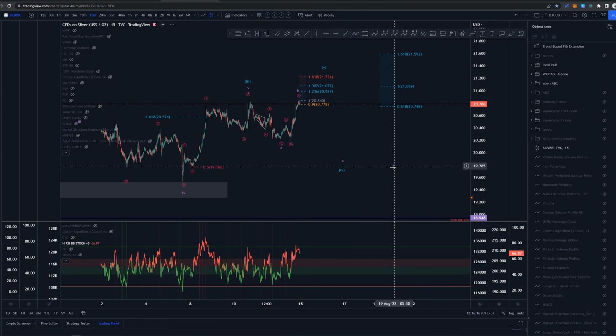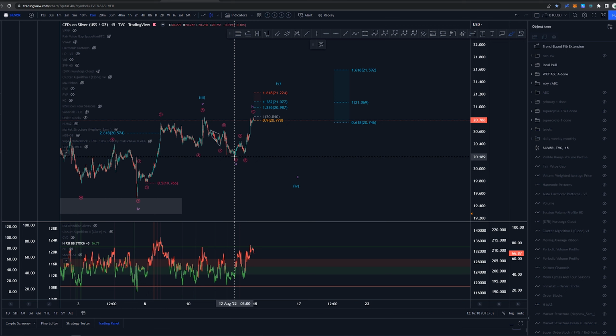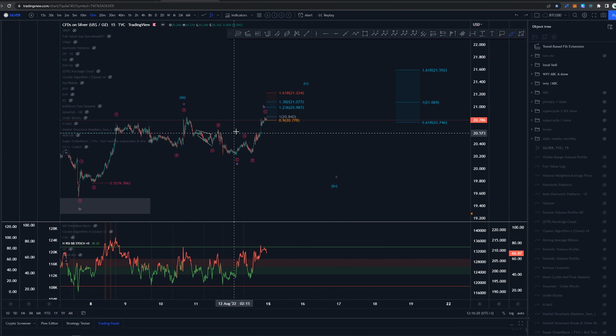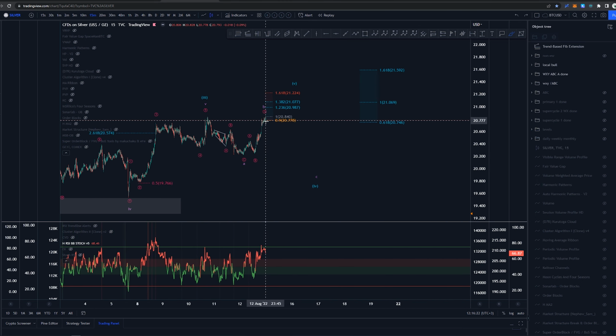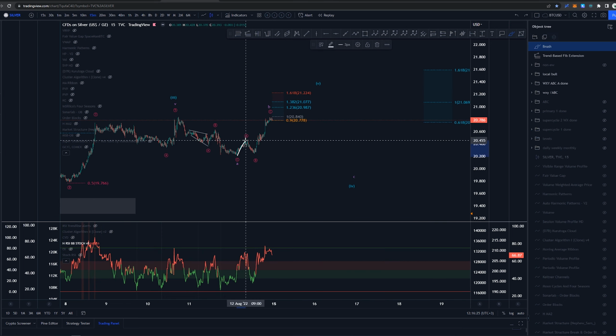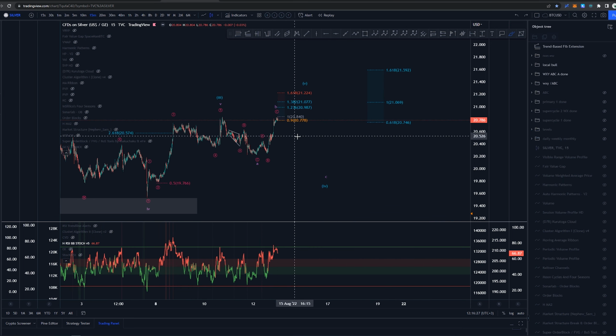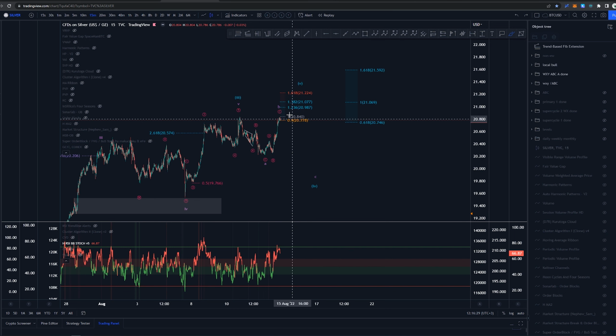Now the other scenario again would be that this is indeed a B wave where we have a very extended wave C. I wouldn't like us to get any higher than this though, just because the extension here is getting really extreme. For this scenario we would be looking for 5 waves down here.